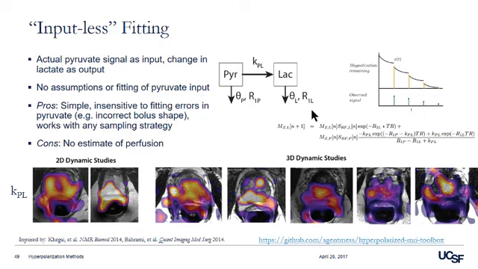This is a nice simple model that's relatively insensitive, but we lose this nice estimate of perfusion, which it would be good to have in our experiments, even if we're studying metabolism, as potentially a for-free additional measurement of perfusion.